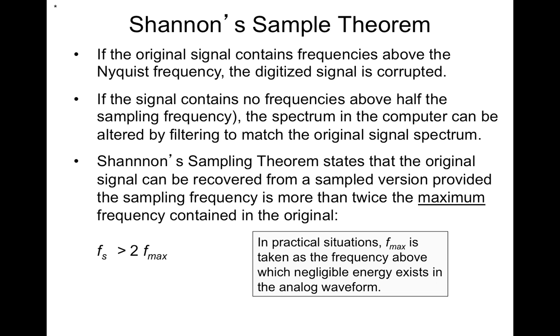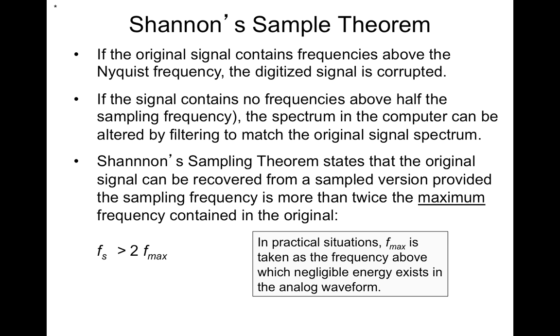So if you're looking at someone's EEG and there are components in the EEG at 150 hertz, then to adequately represent the EEG, you would need to sample at least 300 samples per second. Otherwise, you wouldn't represent the higher frequency components and you would create an aliasing problem.